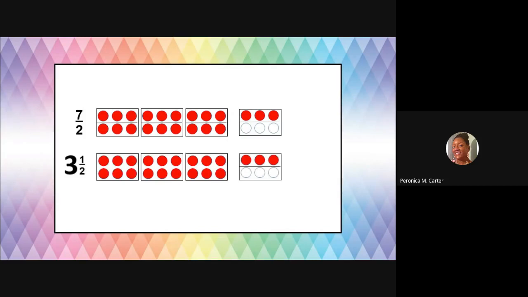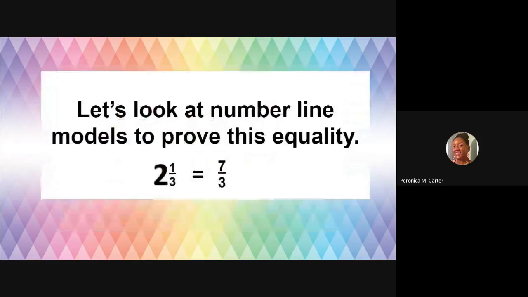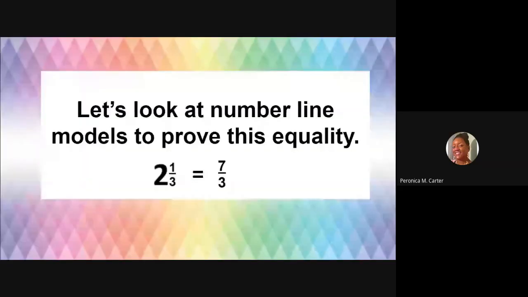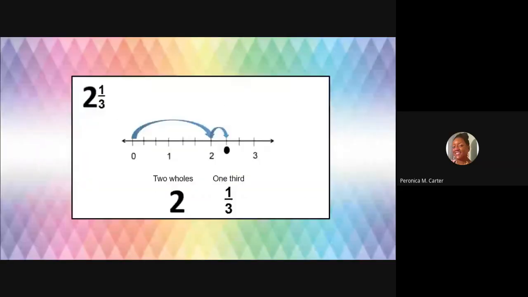Let's look at our last example, which is we're gonna use a number line to show this equality of 2 1/3 is equal to 7/3. All right, 2 1/3. Notice that the arrow takes you from 0 to the 2, which is the 2 wholes represented. And then an additional third is represented here.